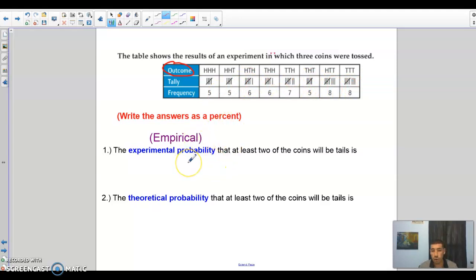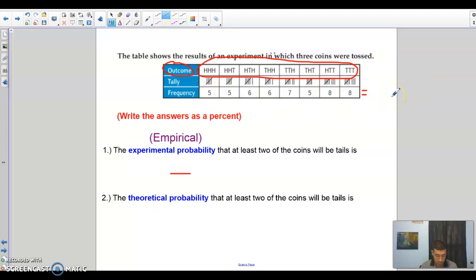For experimental probability, you're going to create a fraction, and on the bottom of the fraction you have the total number of outcomes. How many different outcomes are there? There's 1, 2, 3, 4, 5, 6, 7, 8. There's 8 different outcomes. To get the experimental probability, we have to add the total of the frequency, or the results.